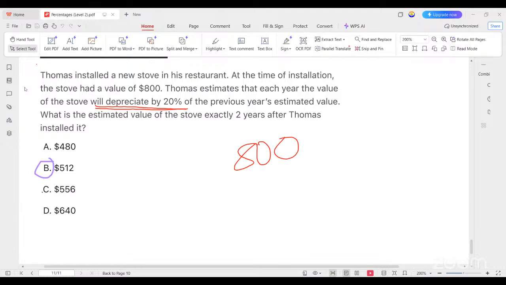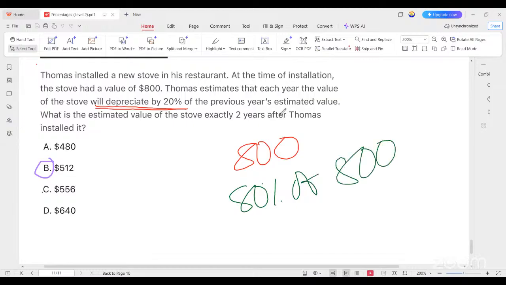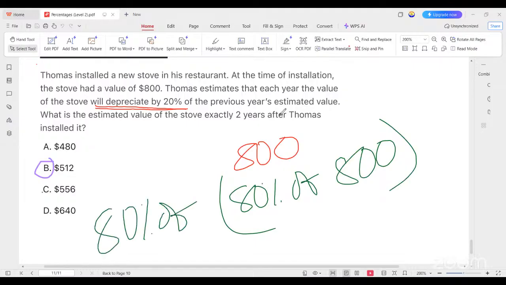So here it is 80% of 800, again 80%, again 80%. That is the answer. Got it? How can I write an equation? Is this clear, guys?